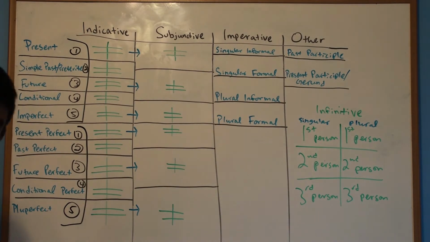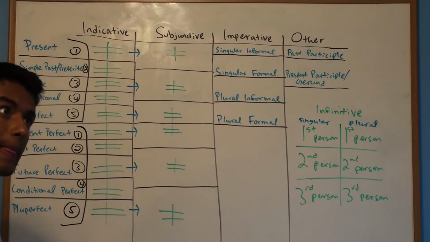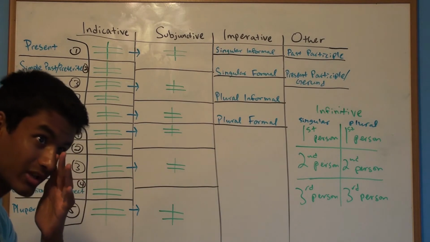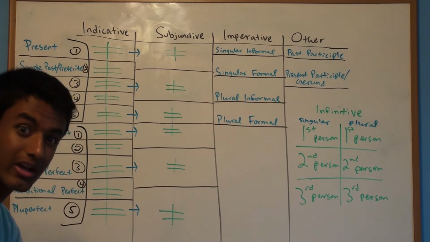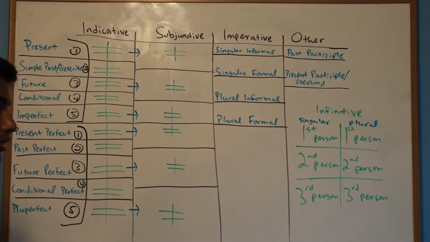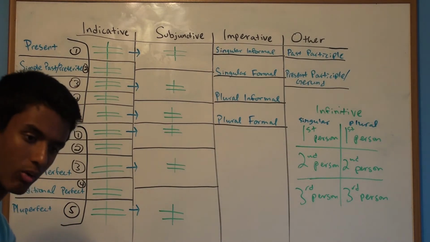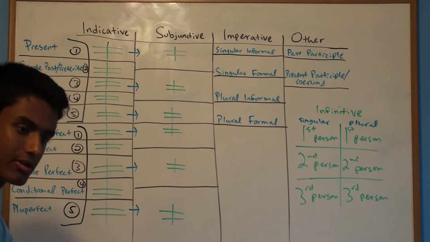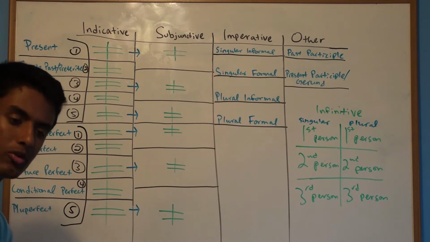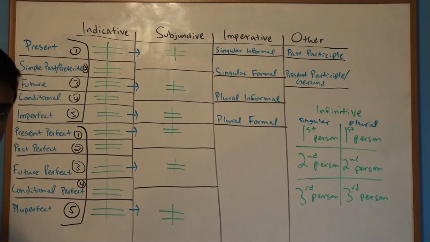So say in Spanish you have the sentence, "I told him to do his homework." In Spanish that's "le dije que hiciera su tarea." So you have two verbs conjugated there. I told him to do his homework, but let's just focus on the "to do" part. Or we can do both, actually. Let's do both. So, yesterday I told him.